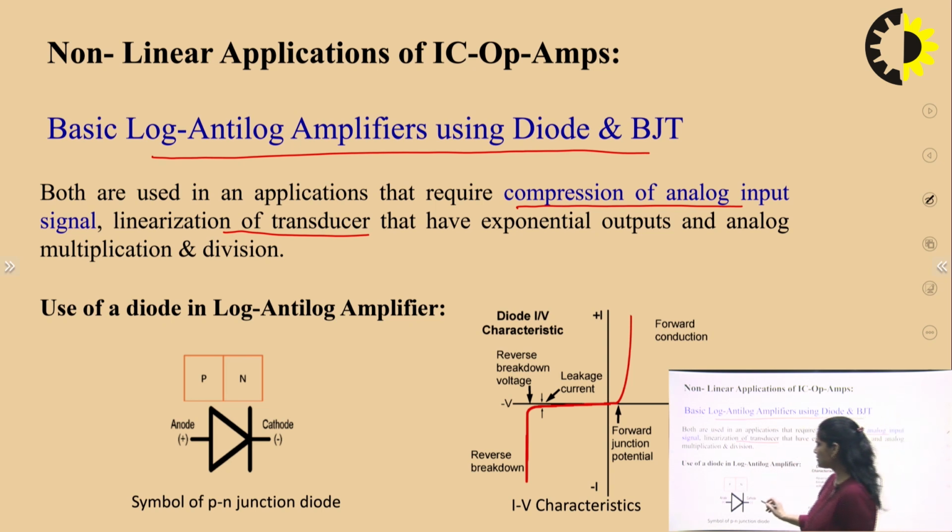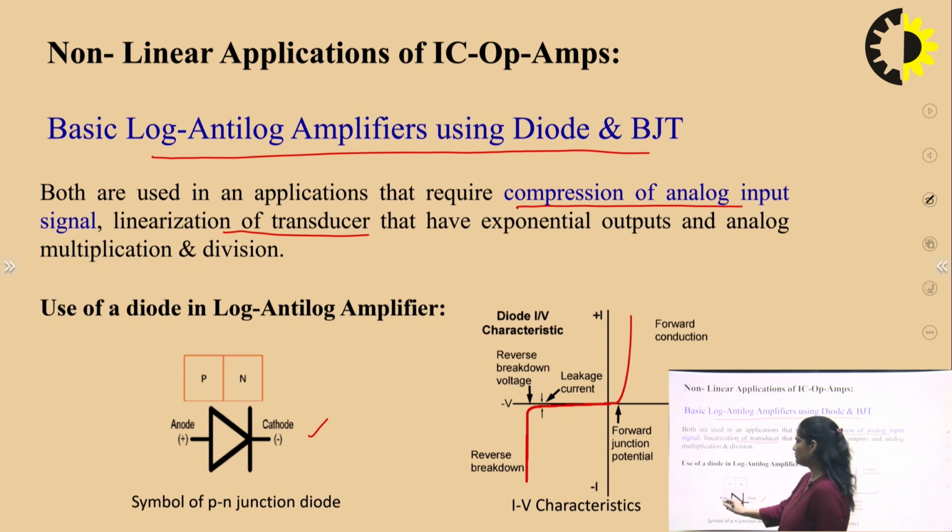This is the diode symbol you all know. This is the positive terminal, anode, and this is the negative terminal, cathode, or you can say PN junction. If we connect the positive terminal to the anode, this is forward bias, and the diode works as forward biased, or shorted.